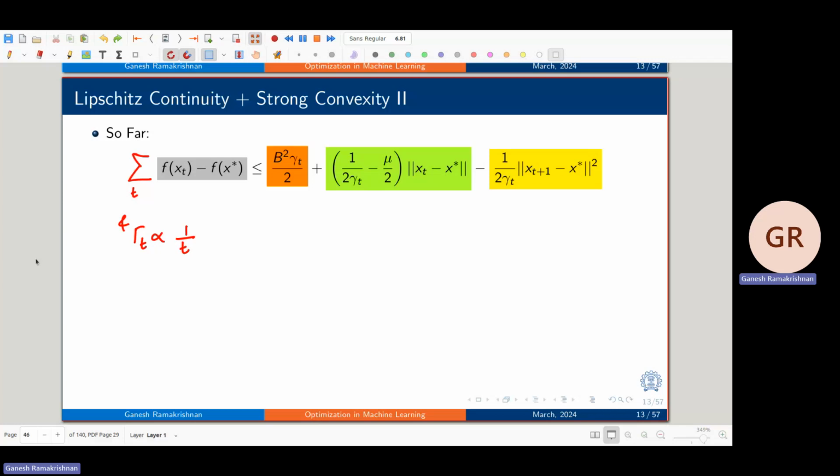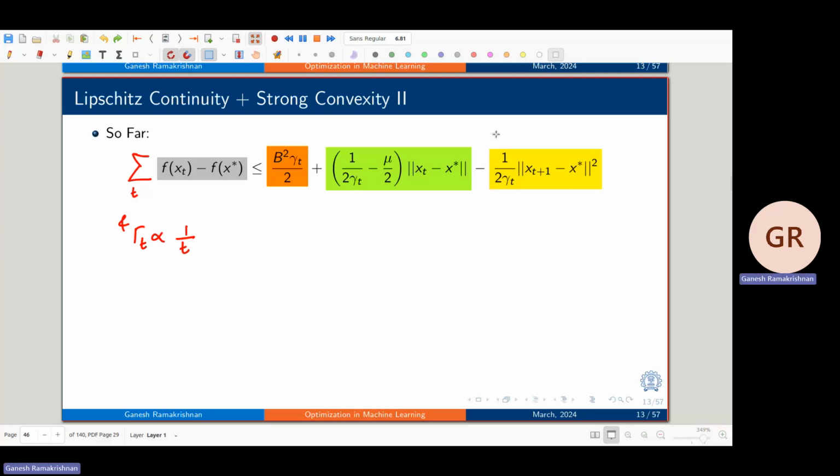Minus 1 by t minus 1. So t plus 1 basically. Right. Yeah, but you will have to bring something that has gamma t and gamma t plus 1.